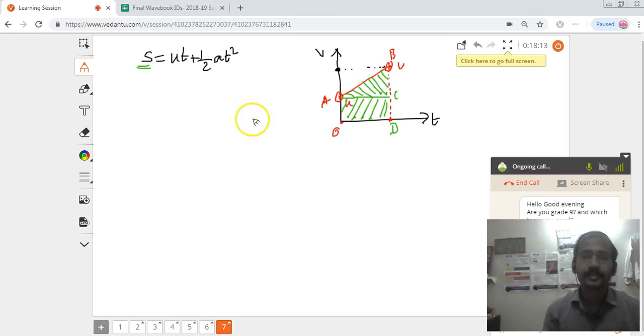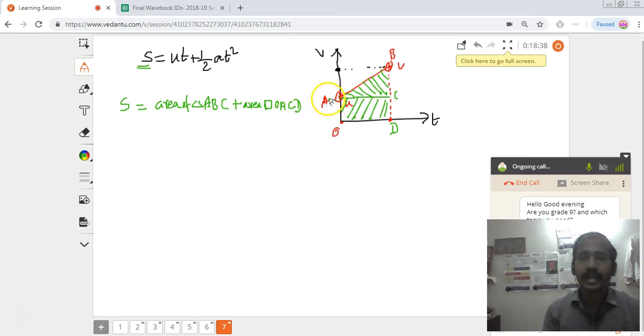The distance traveled between A and B, s, is equal to the area of triangle ABC plus the area of rectangle OACD.